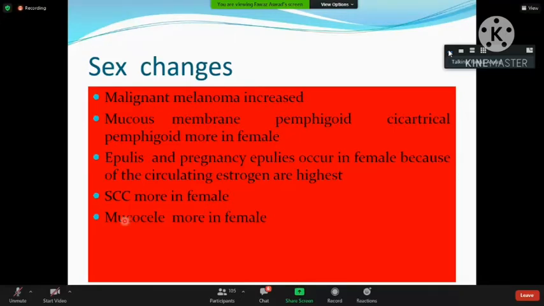For example, the mucocele, mostly formed in the lower lip, as we will see, is an extravasation of the contents of the small blood vessels of the lower lip. It mostly occurs in females, in addition to the epulis, which occurs in pregnancy, and different types of lesion like mucous membrane pemphigoid and other types of pemphigoid.